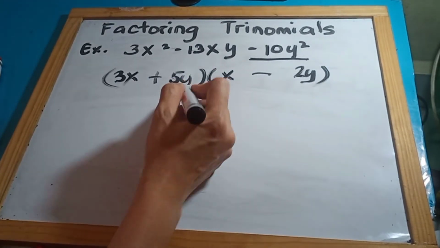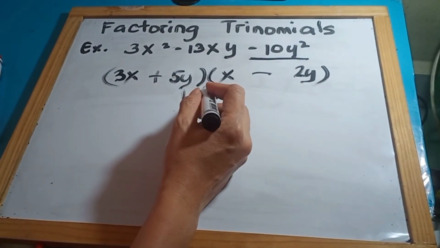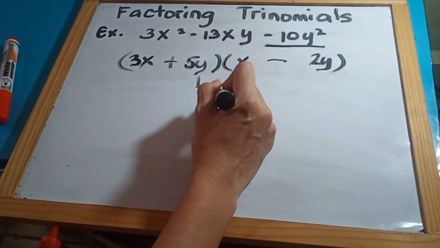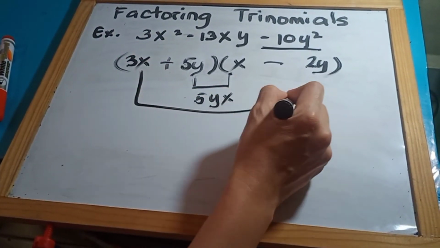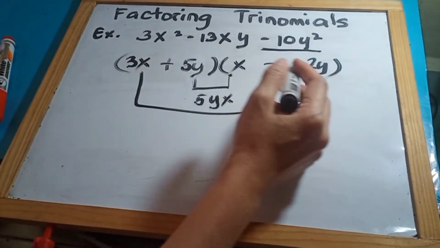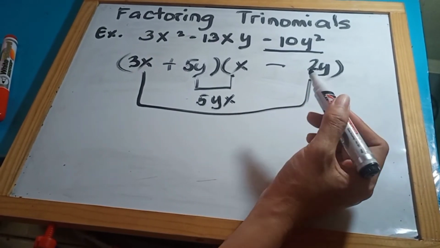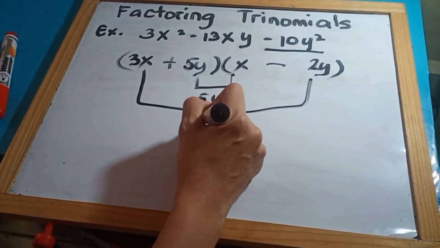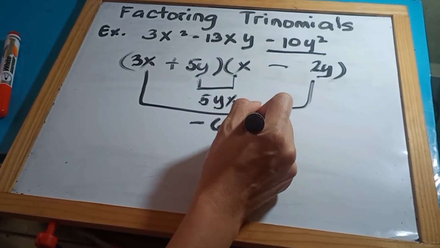So, sabi natin, yung inner term, so 5y times x, this is 5yx. At yung outer term naman is 3x times negative 2y, that is negative 6yx.